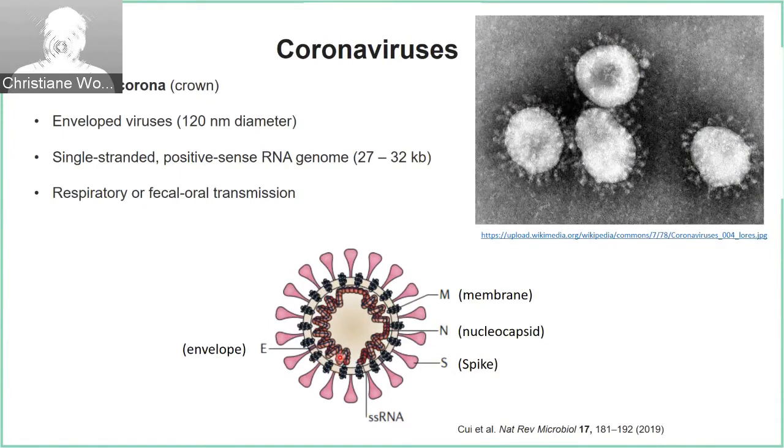The fourth structural protein is N, or nucleocapsid, and that surrounds the viral genome, which is of positive sense, single-stranded nature. It's roughly 30 kilobases in length. And coronaviruses in general are spread by the respiratory and or fecal-oral routes.